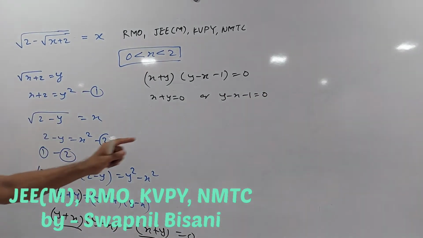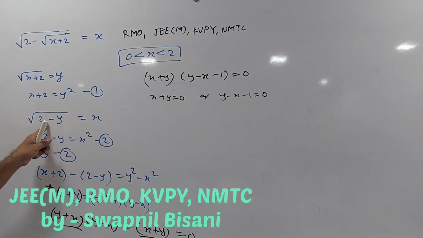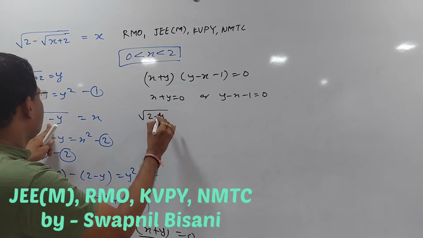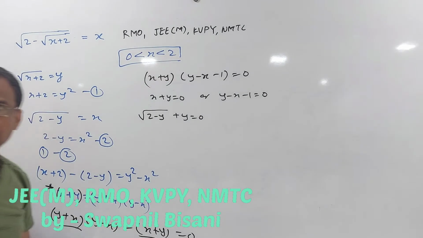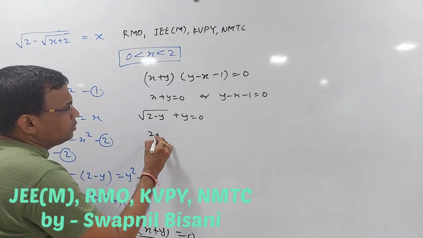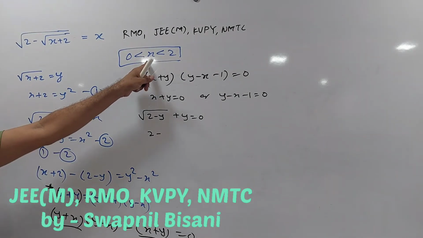Fine. So here what we are getting: x plus y is equal to 0. Let me put down in place of y. Can I take the value of x? Because we have a domain for x.